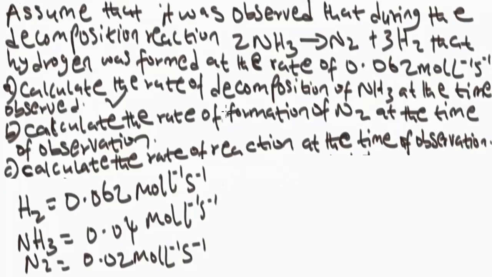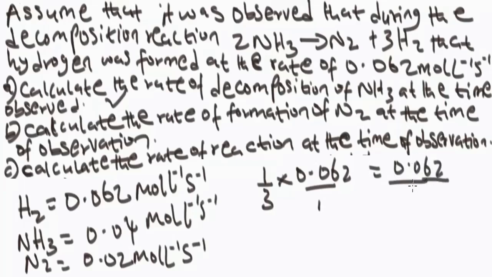What this means is, for hydrogen, it will be 1 over 3 times 0.062, which is 0.062 divided by 3. When you simplify this, you're going to have 0.02, if you're leaving it to two decimal places.